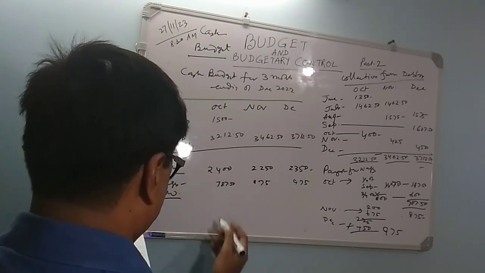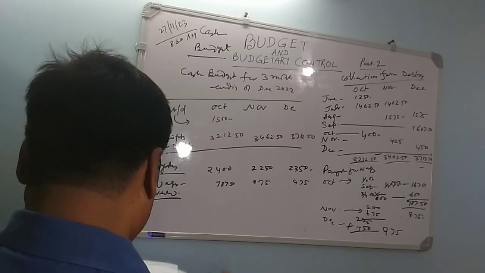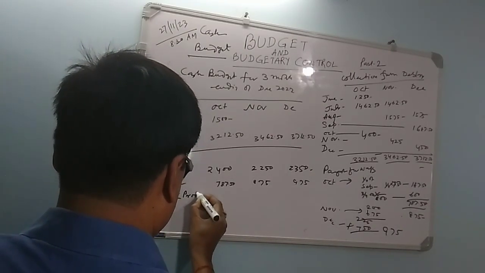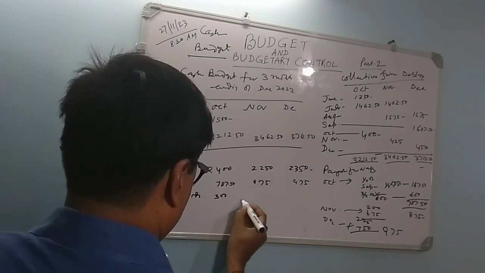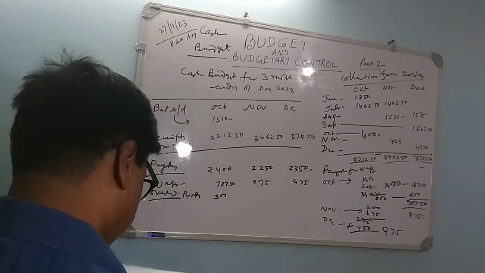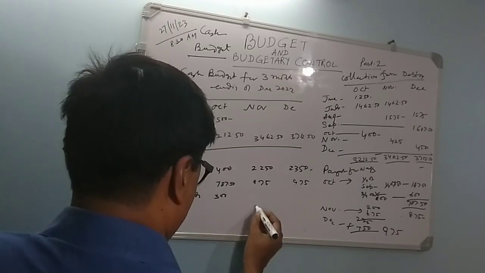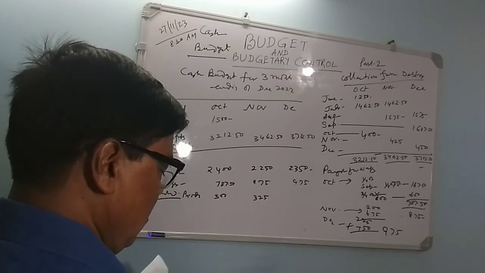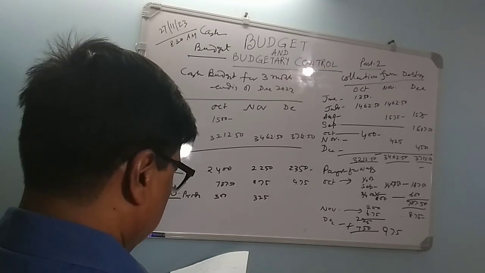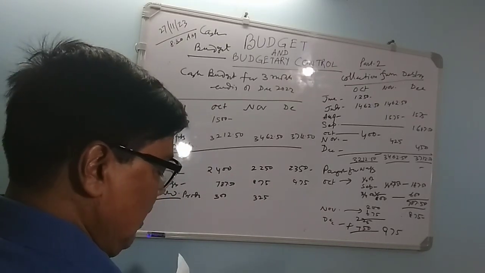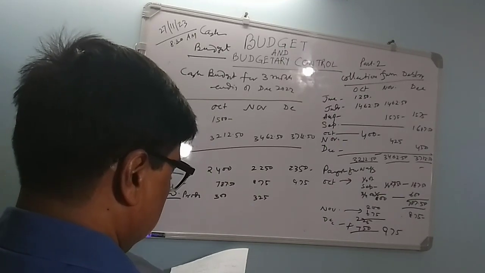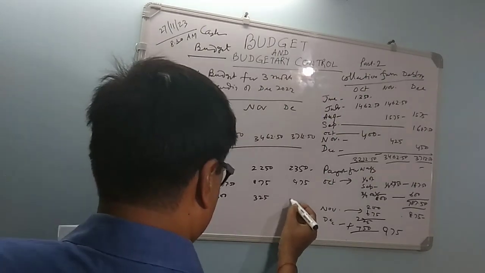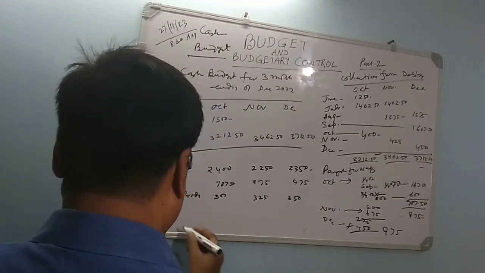So October production overhead will be 300. 150 for 2 months, 300, then 325. How is it coming? You can calculate that, 175, 750 plus 300. That will come to 325, and for another month it will come to 350.